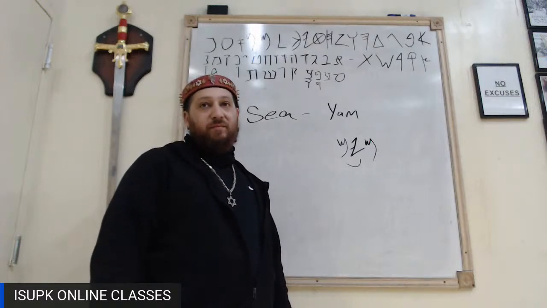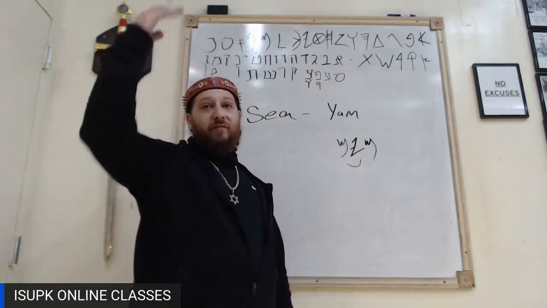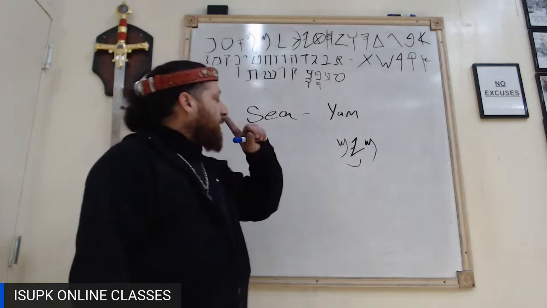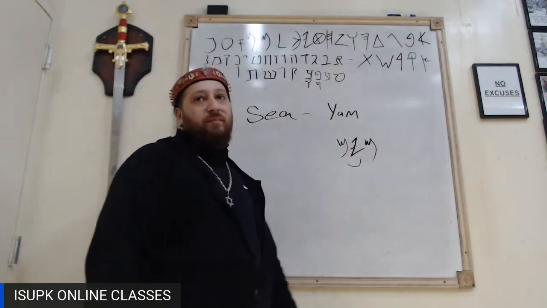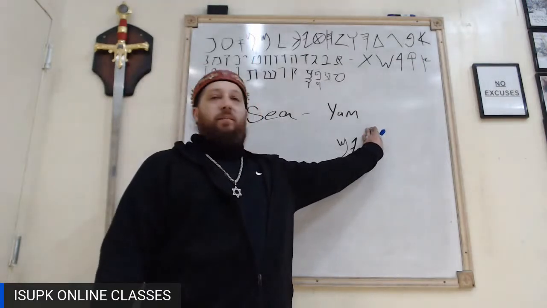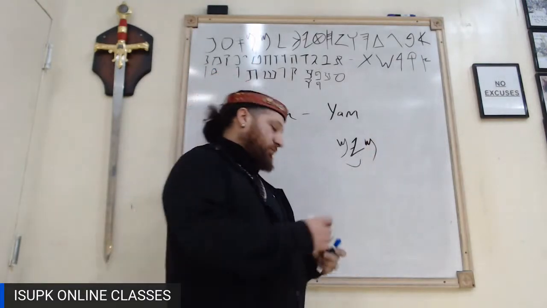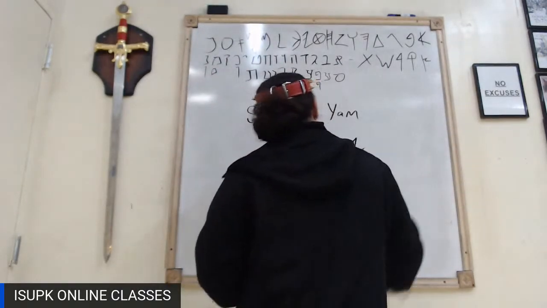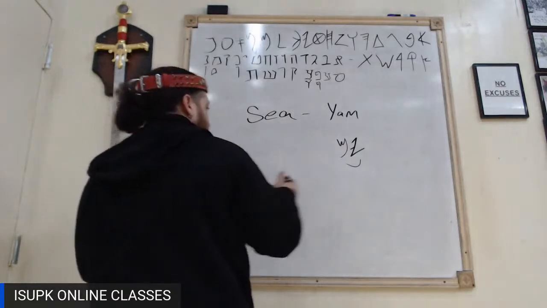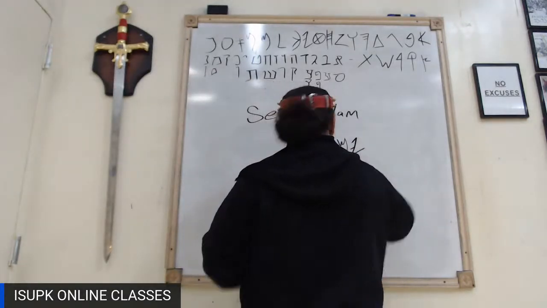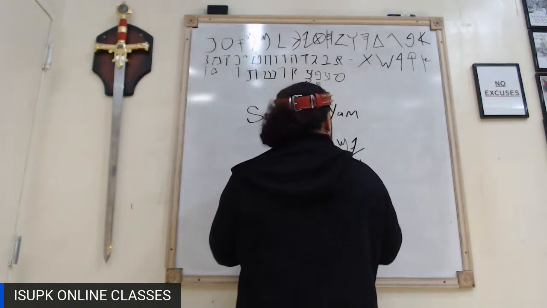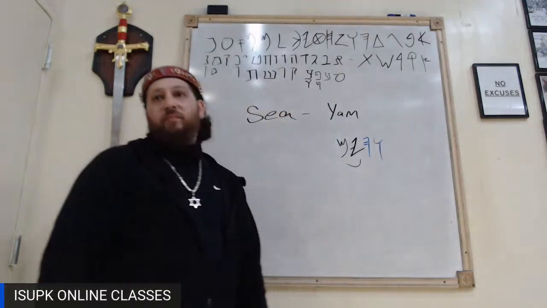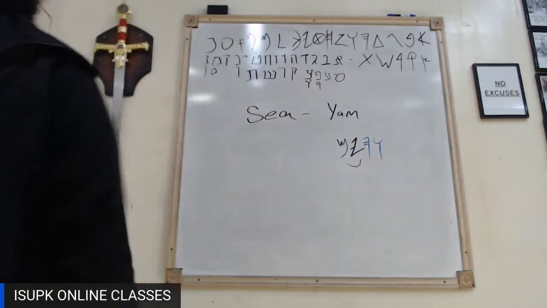Because the heavens are like the sea, like water. So the root word is yum. Mayum, water. Yum, sea. Wahayum, and the sea.